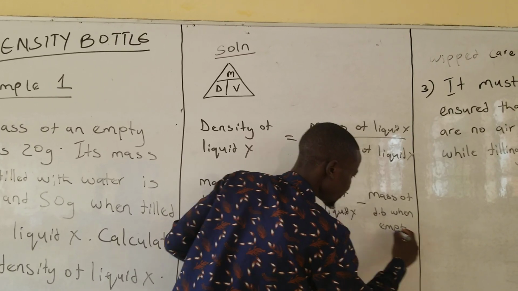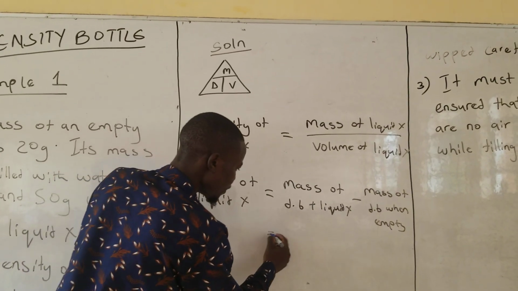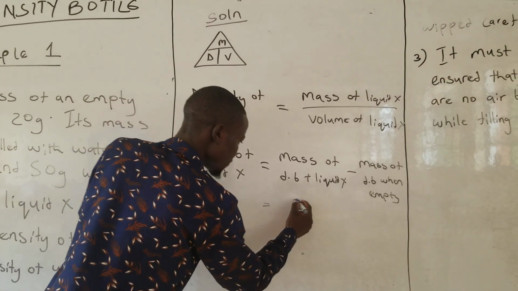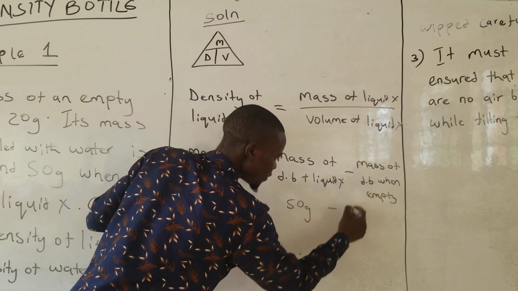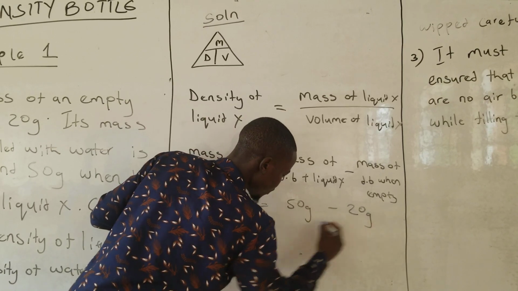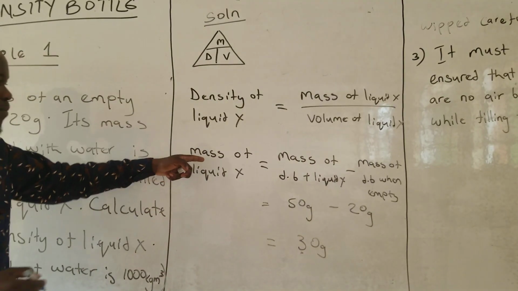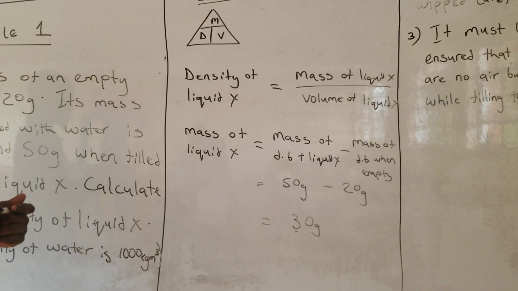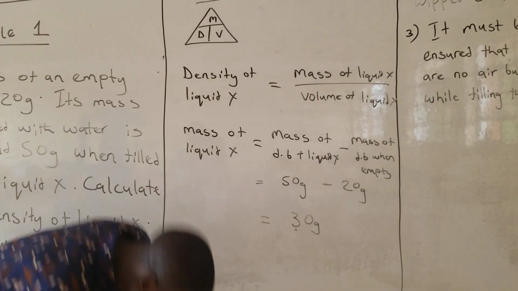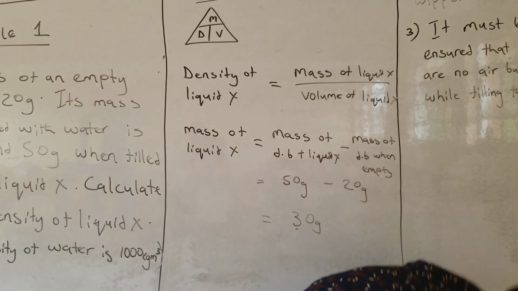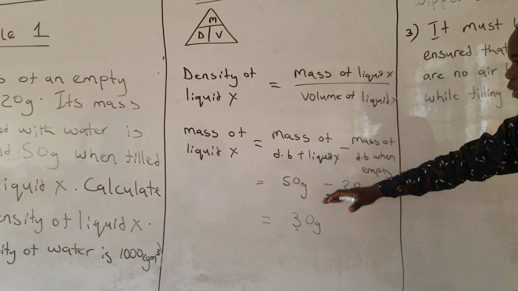When filled it's 50 grams, when empty it's 20 grams. So my mass here will be 30 grams. So 30 grams is the mass of liquid X.